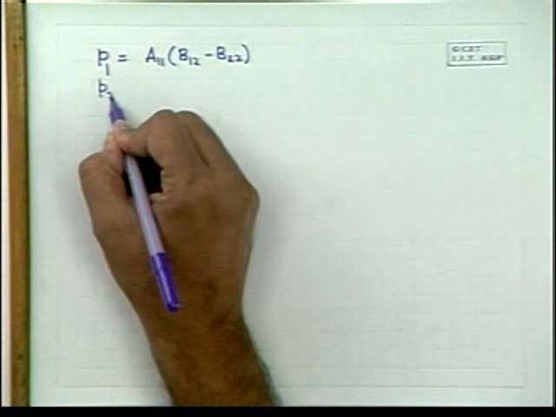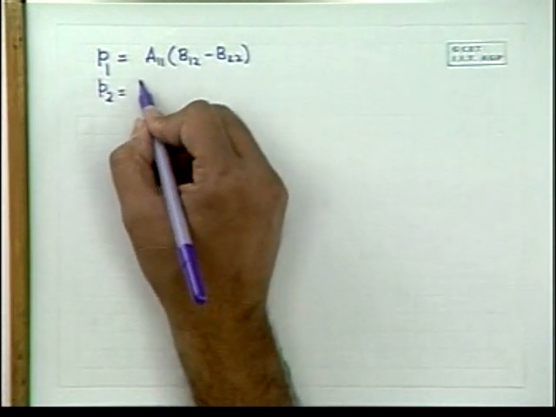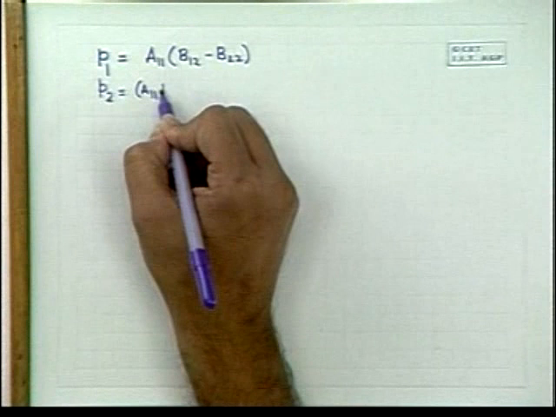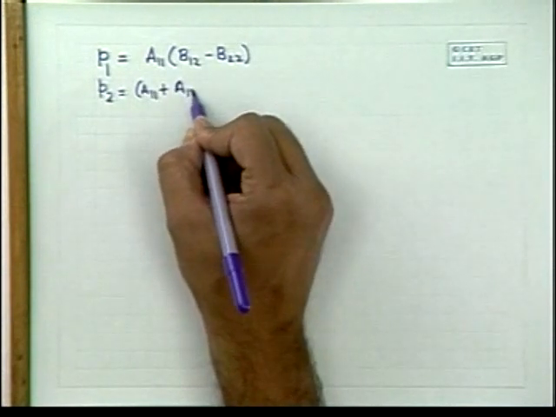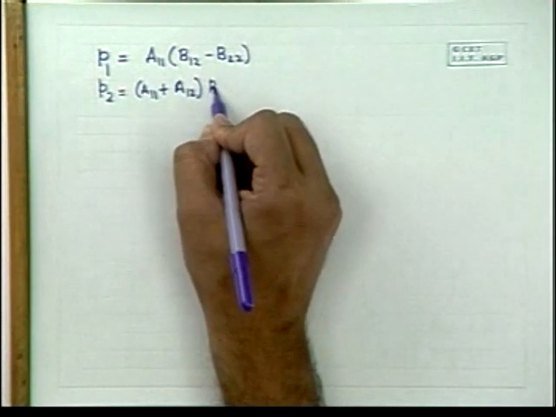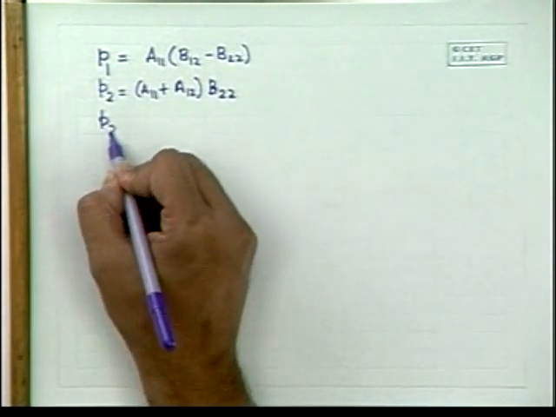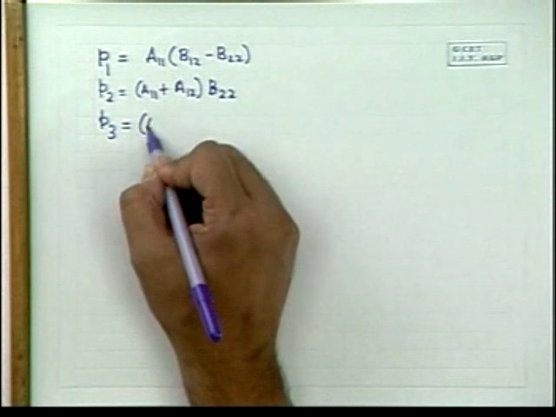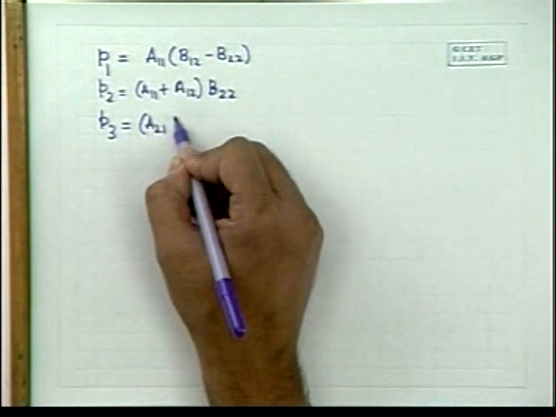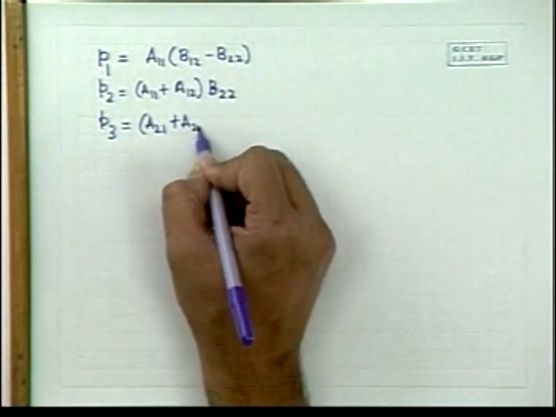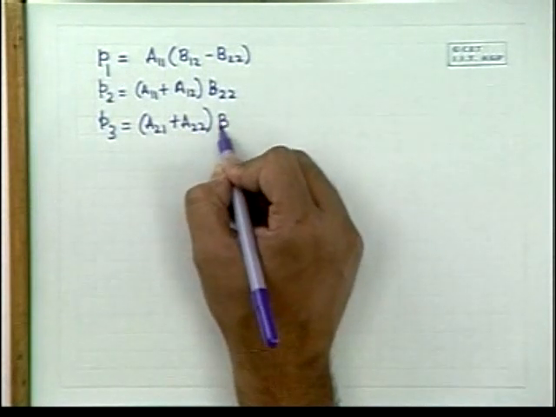Then P2 is A11 plus A12 times B22. P3 is equal to A21 plus A22 times B11.